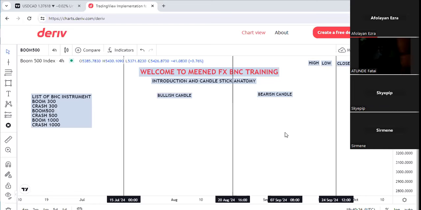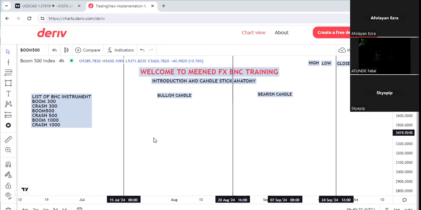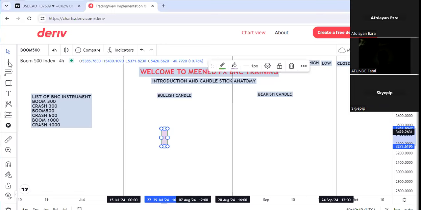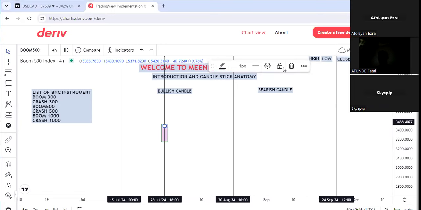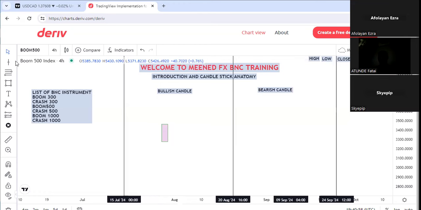So let's go to candlestick anatomy. How I see candlesticks, I'm recording basically from here. So we have bullish candles. Bullish candles open at the low, then push up, have a close, and then have the high somewhere around here.